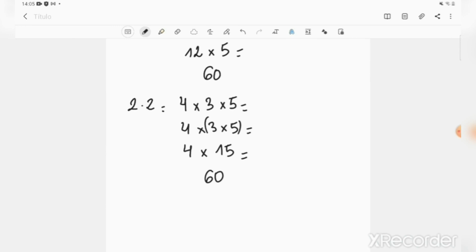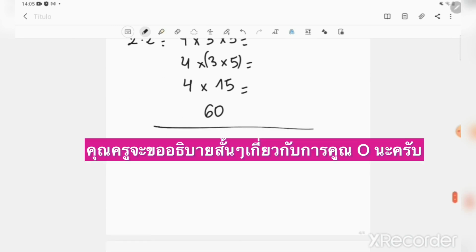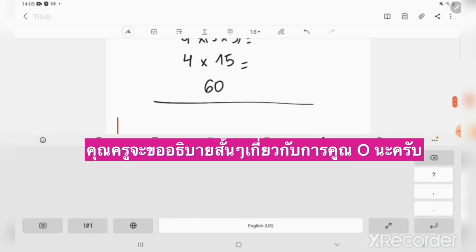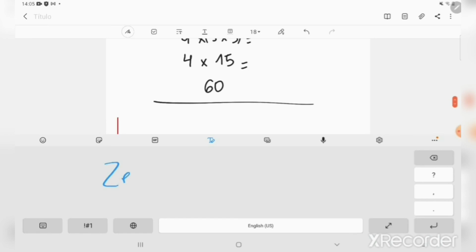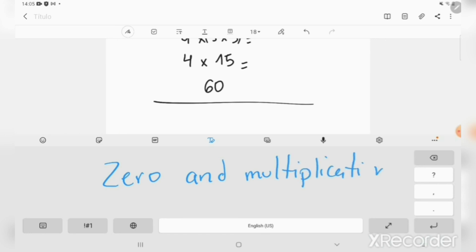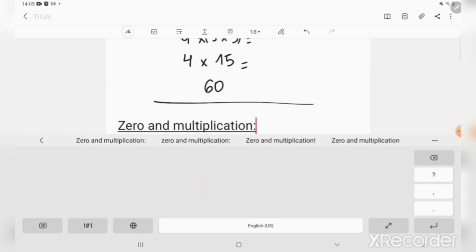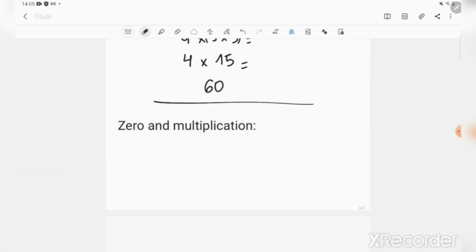Well, we have another short explanation about multiplying by 0, or 0 and multiplication, which actually is really easy to understand.